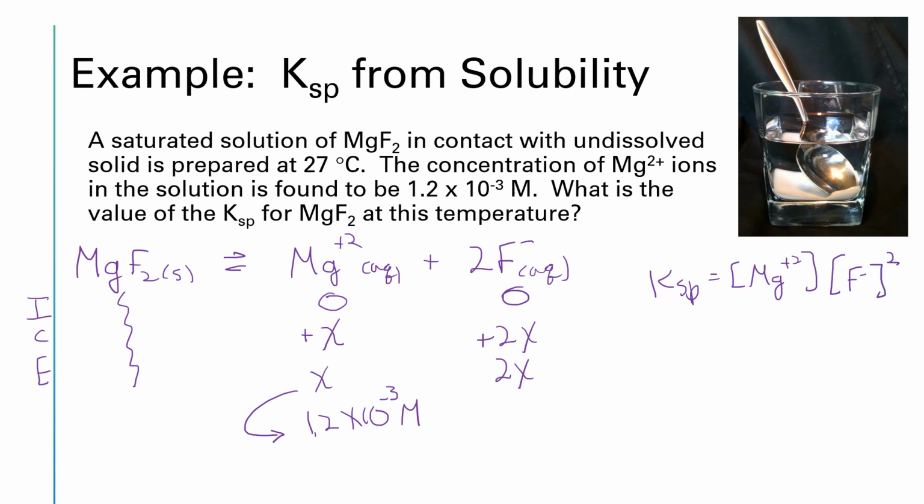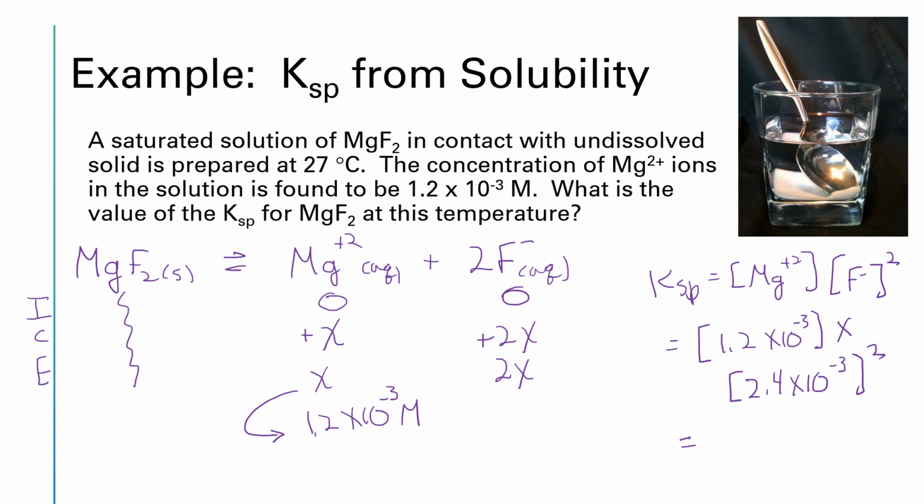And so if we start plugging numbers in here for magnesium, we have 1.2 times 10 to the negative third. For fluoride, and I'm running out of room, so I'm going to write that just underneath it, we have twice as much because it's 2x, so that becomes 2.4 times 10 to the minus 3, and then of course we have to square that. And so let's see if I can run this through my calculator.